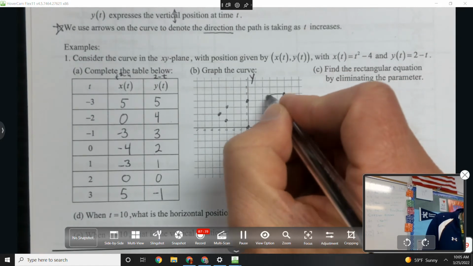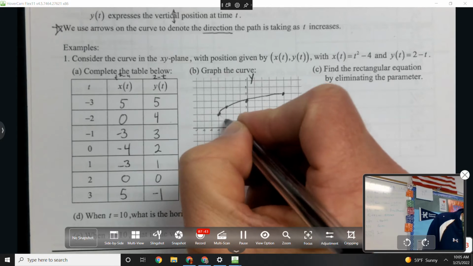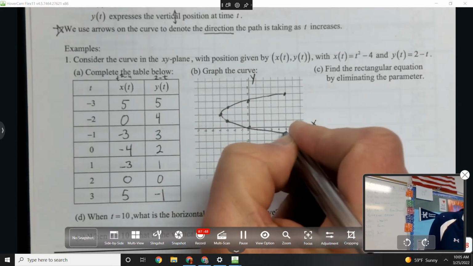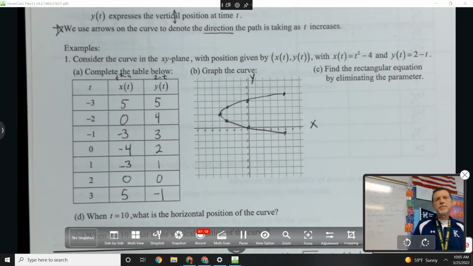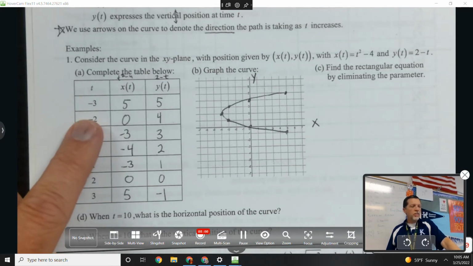You guys were thinking parabola, and it is a parabola, like a sideways parabola. What we also need to include is which way it's going. So you have to pay attention to where it started.